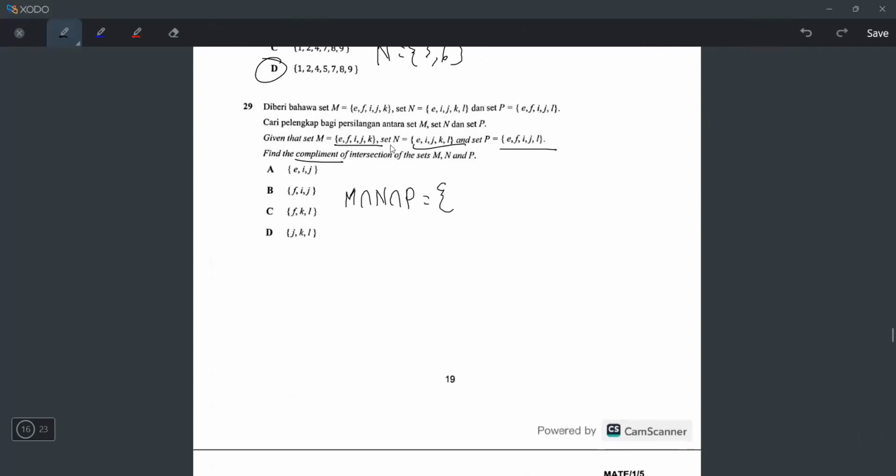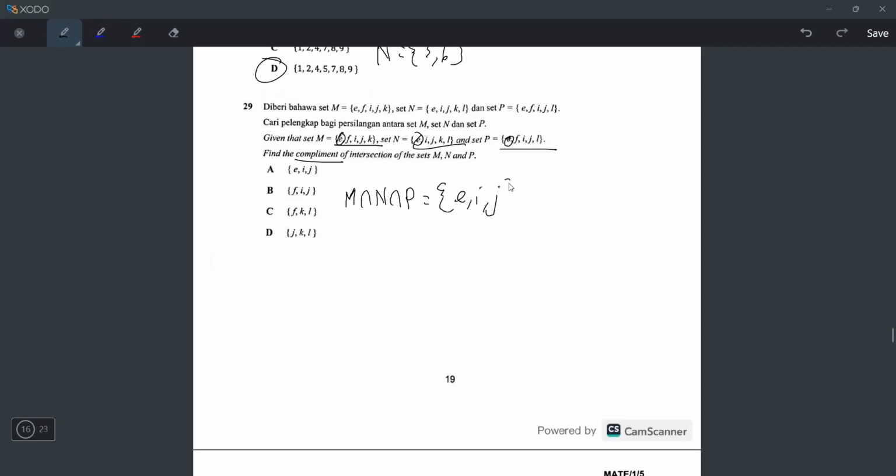Okay. So what is the intersection? You find those that are the same. So the common elements. So E, E, E. Okay, next. F, no, this one doesn't have F. I. Okay, I is one of the intersection. J, okay, J. K, no. K doesn't have here.